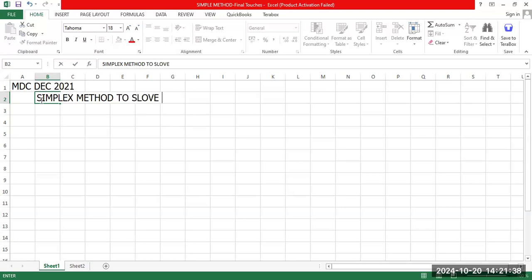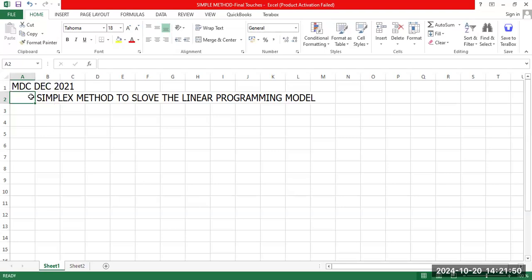Solve the linear programming model. That is number one. That will be our part A. Then part B, we will see how we can use our results to get range. How can you use your results to get range?